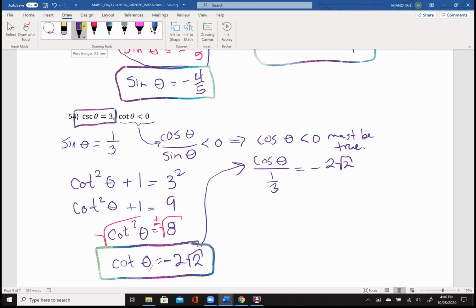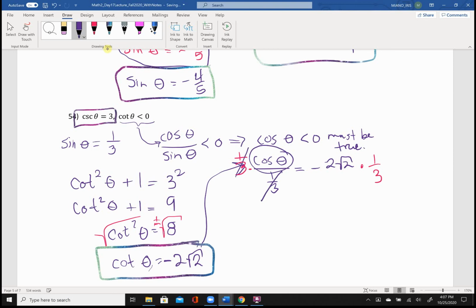Okay, so in order to solve for cosine theta, we need to multiply both sides by 1/3. Here we go. There's me multiplying by 1/3 there, and multiplying by 1/3 here. So this 1/3 and that 1/3 cancel out.